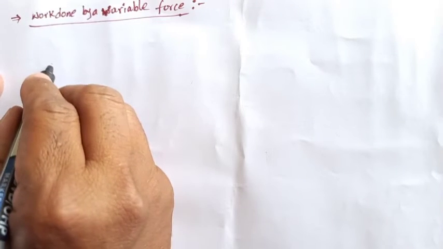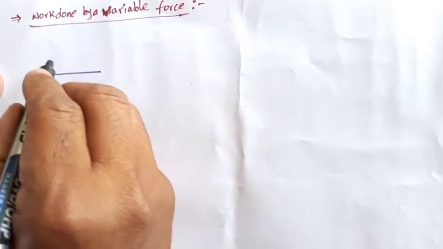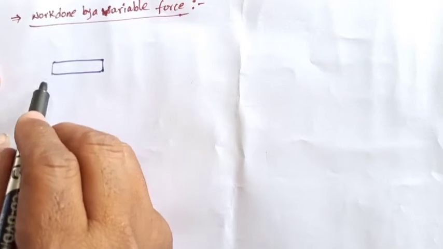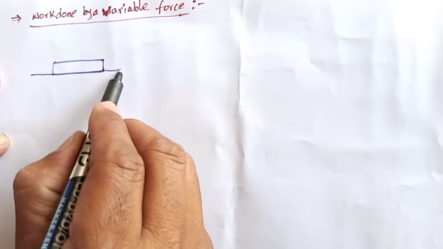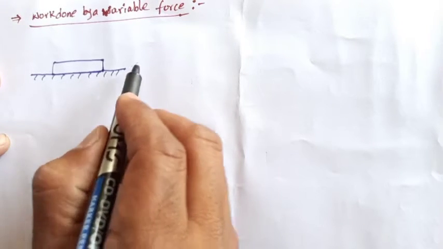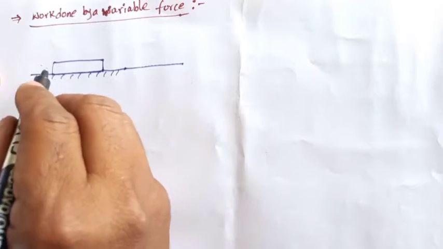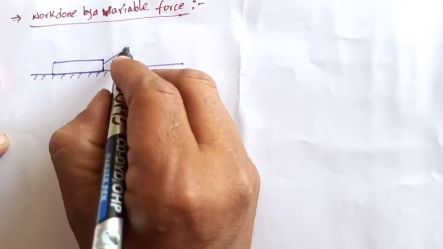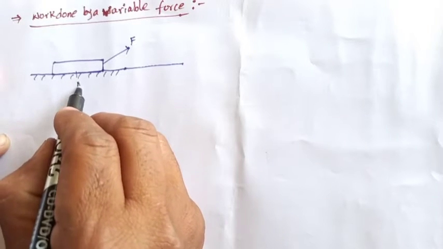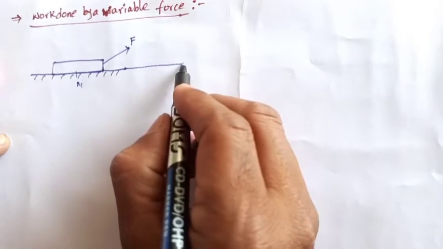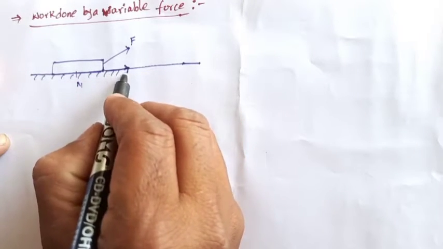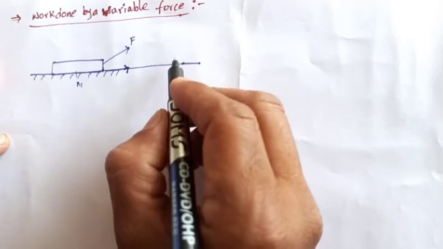For example, a body is on the ground or floor. When a force is applied, the initial position is x1. After applying the force, it moves in rectilinear motion.